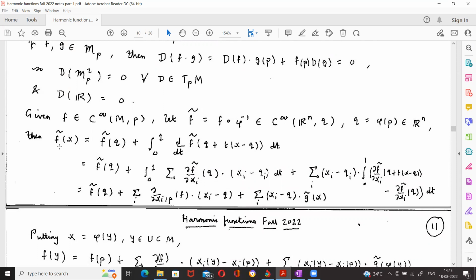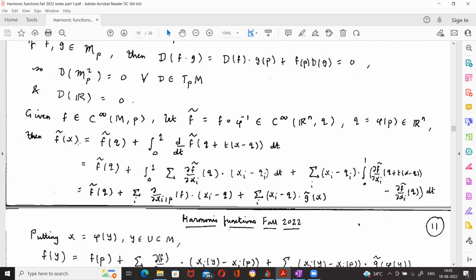So then what I can do is consider the straight line from Q to x, and I write f tilde as the integral of its derivative along this straight line, right? I just use the fundamental theorem of calculus.